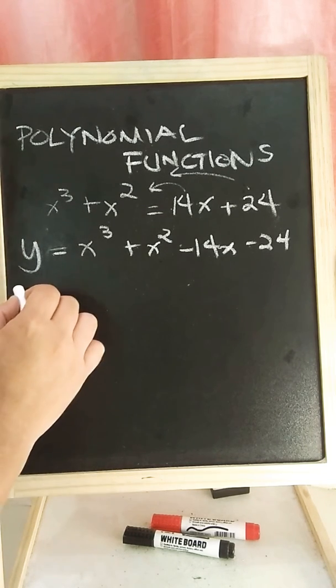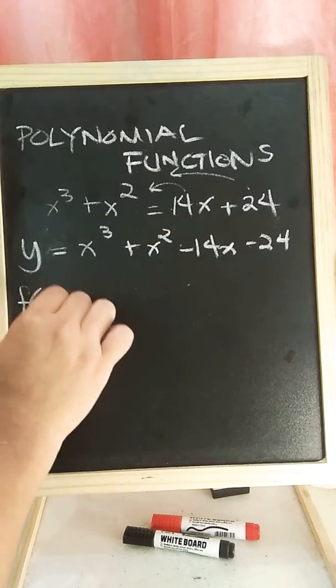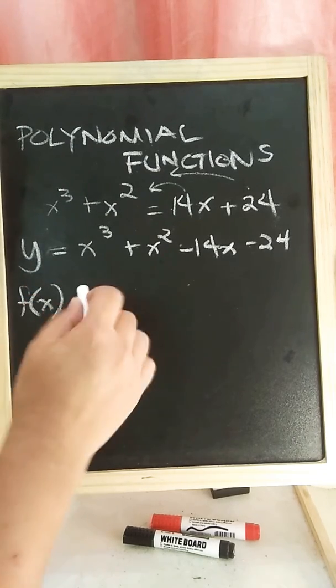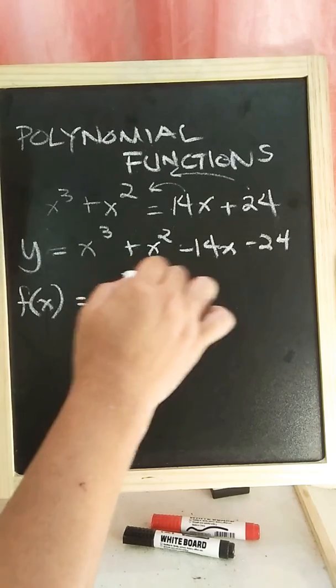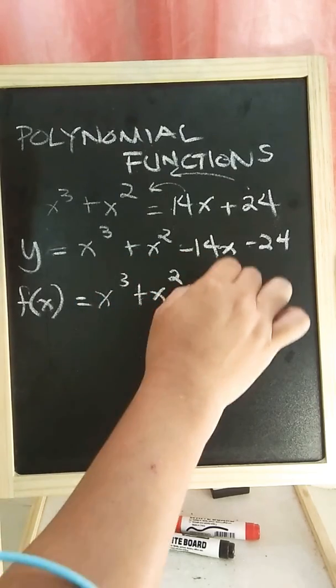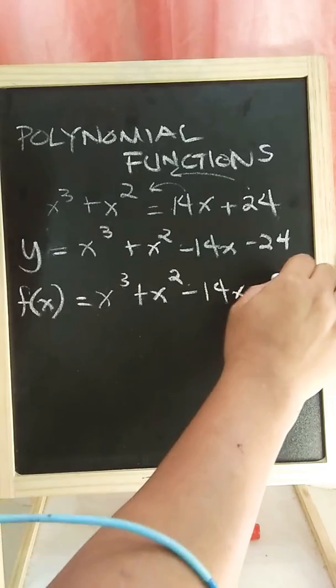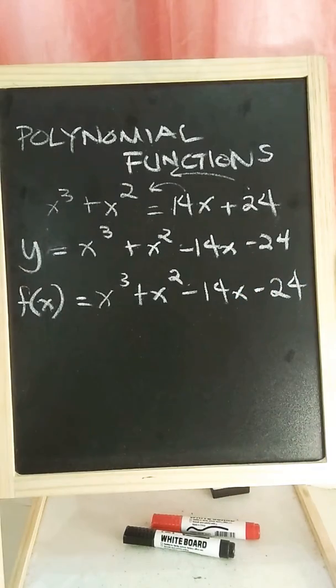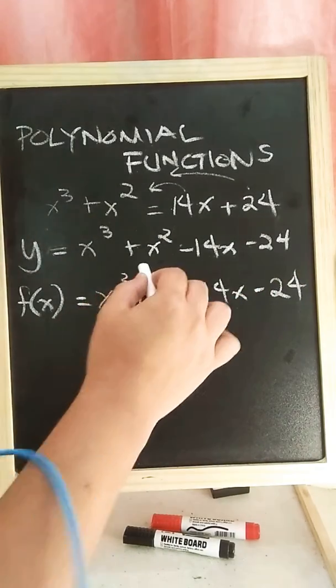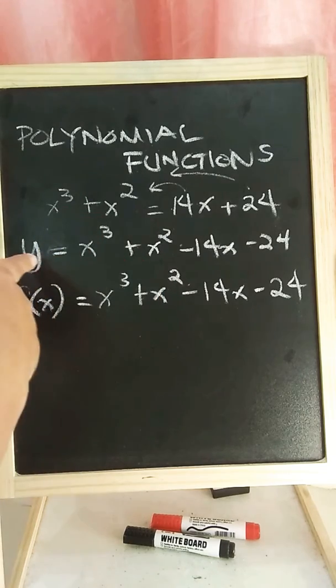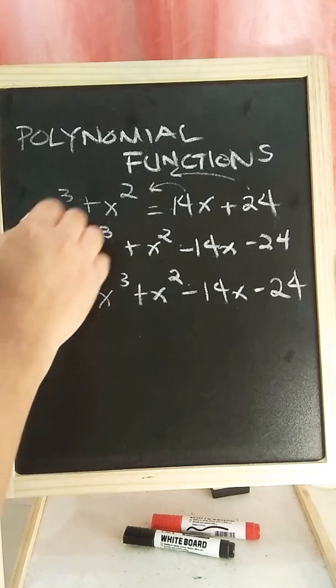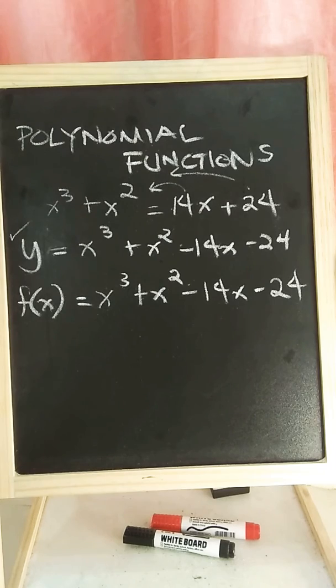Or sometimes, we can rewrite it as f of x is equal to x cubed plus x squared minus 14x minus 24. So, you can write your function in this manner, in terms of y or in terms of f of x.